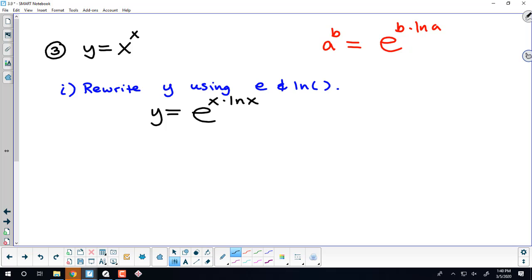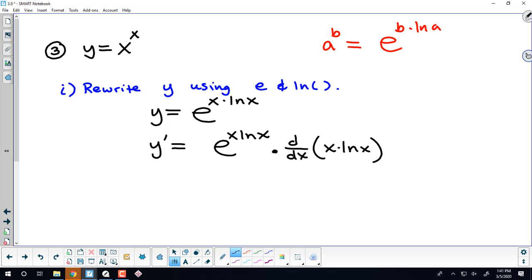So I guess the advantage of doing this is that we know how to take the derivative of e to whatever power. The derivative of e to whatever power is e to that power times what? The derivative of the power, right? So the derivative of the power, x times ln of x. I know that's just the notation I use, meaning we still have to take the derivative of that.